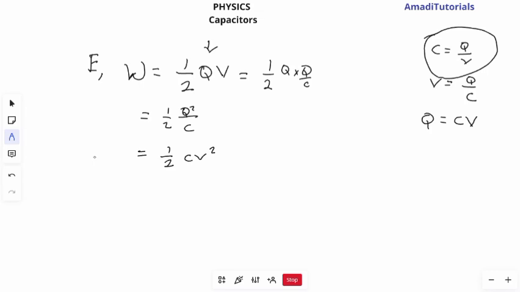So any of them you can use. The first one is a half of QV. Then from the initial formula of calculating capacitance, you can do substitution. It depends on what the parameters of your question are. Then you decide on what formula to use. So it's as simple as that. Thank you.